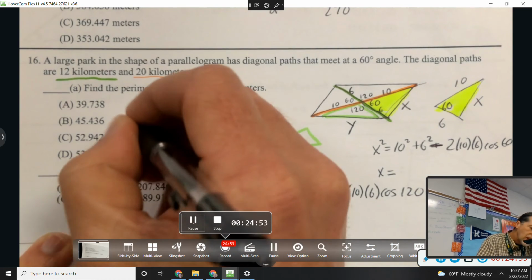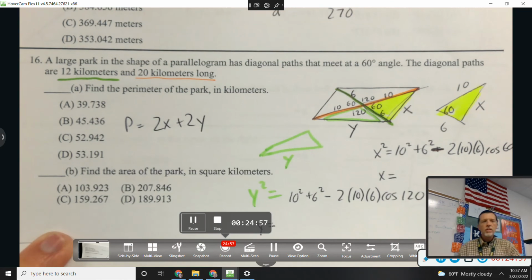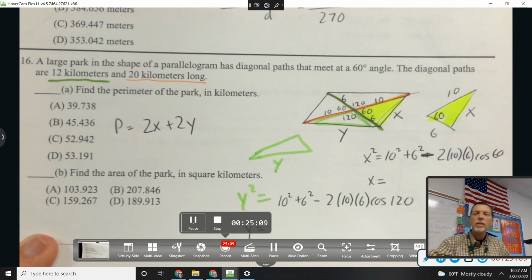And then the perimeter would be 2 x's and 2 y's. There might be another way to do that, but that's the way I saw the problem.